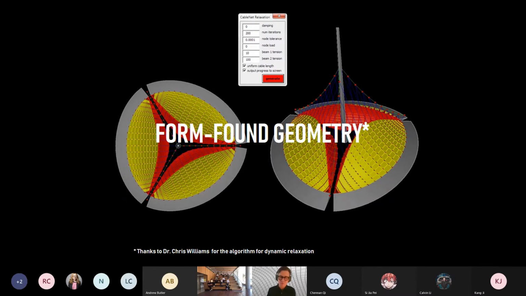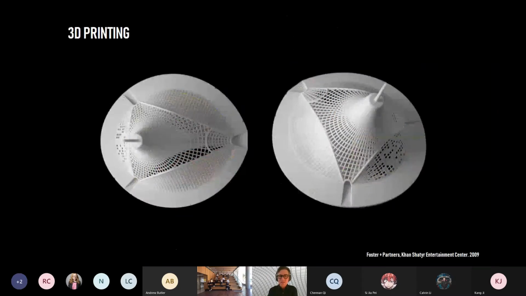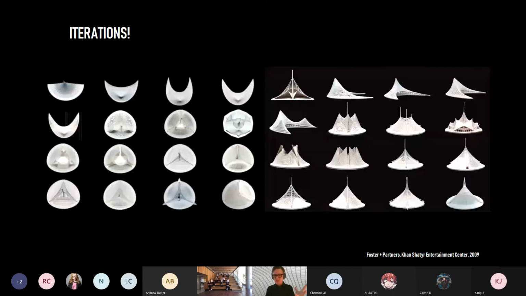This was before Grasshopper and Kangaroo, obviously, which is a very similar type of program. Anyways, so we could generate these computationally, but then we could also instantly 3D print them. And so what we could do is generate multiple options per day, me working with the project design team and developing all of these different tent options.